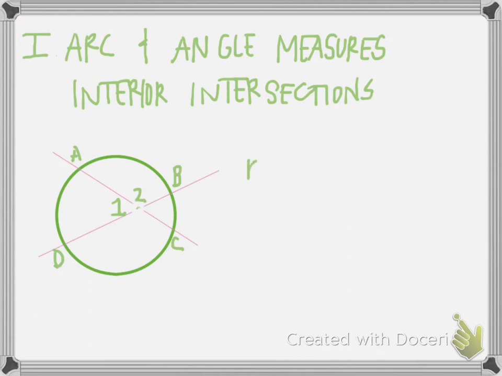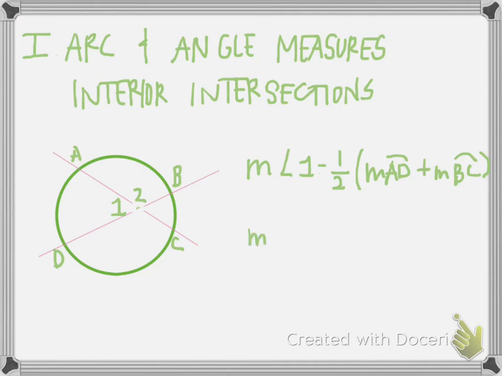So that means the measure of angle 1 is going to be 1/2 the measure of the arc AB plus the measure of the arc BC.